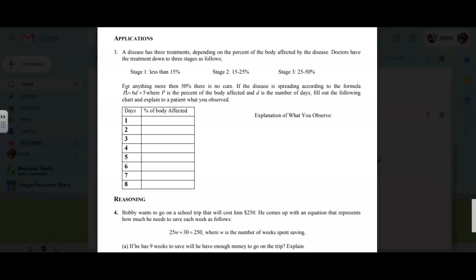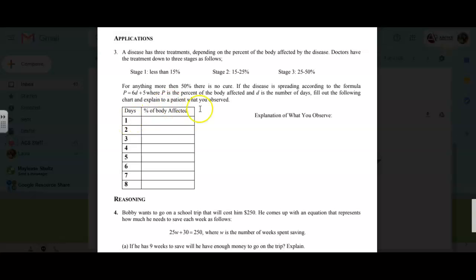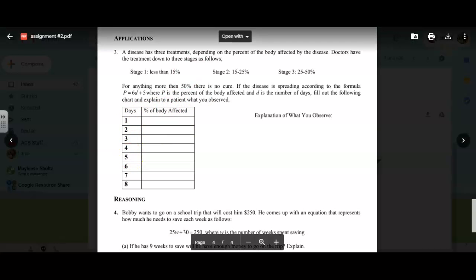All right. So then it's asking us, and I'll get you out of my Jamboard in a second, to fill in what percent of the body is being affected on days 1, 2, 3, 4, 5, 6, etc.